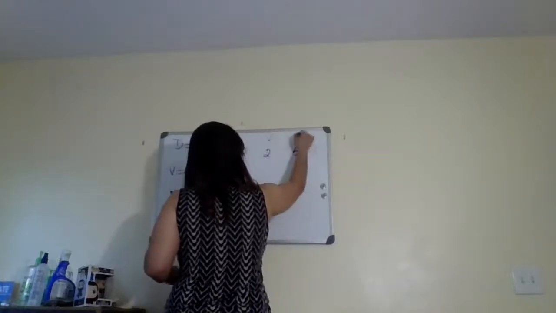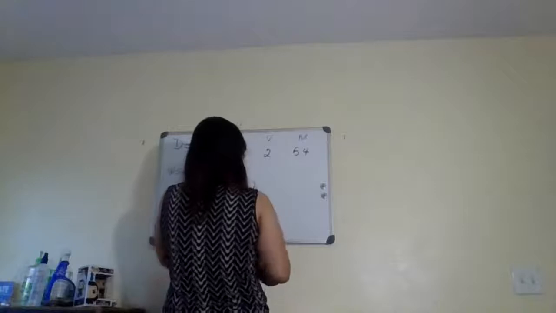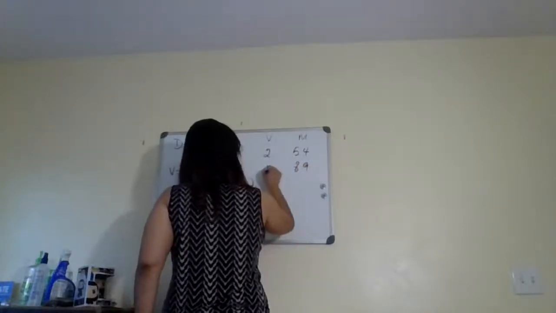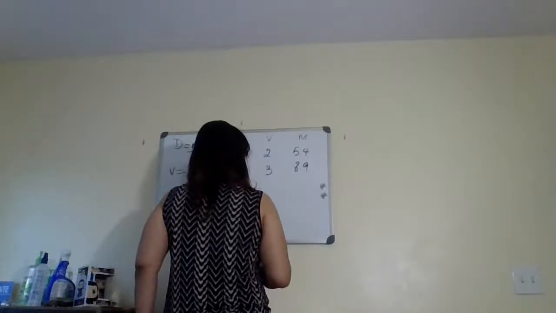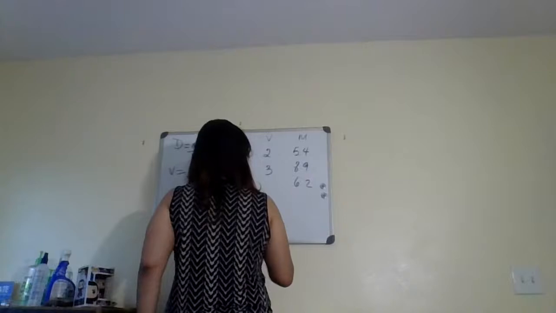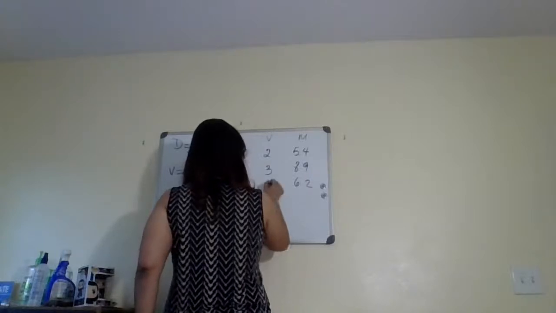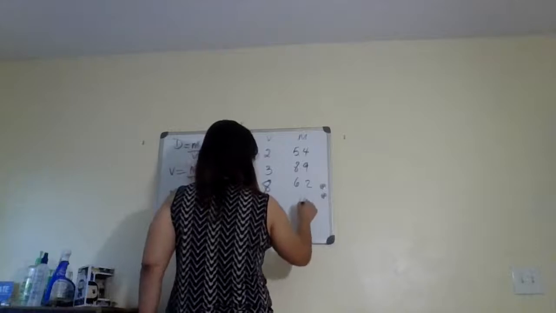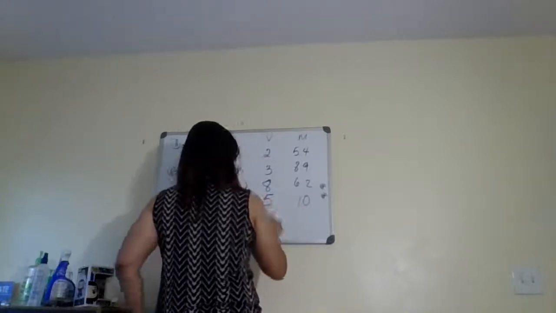So this is volume and this is mass. One sample has a mass of 8.9 and a volume of 3. This has a mass of 6.2 and a volume of 8. This has a mass of 10 and a volume of 5.